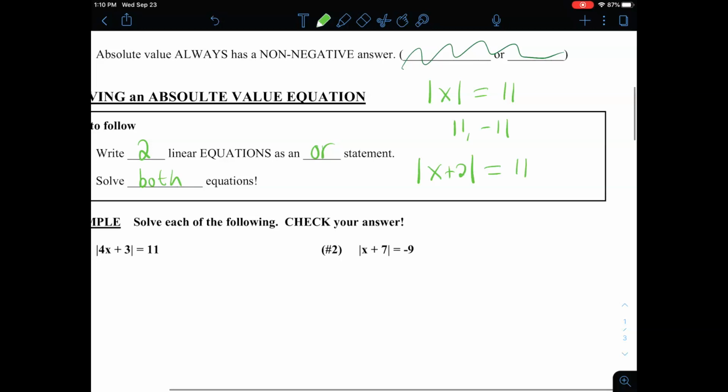What numbers can we plug in to get 11 away from 0? Well, x plus 2 would be 11 if we plug in 9 for x, since 9 plus 2 is 11. Or what else would that be? Negative 13, because negative 13 plus 2 equals negative 11, and the absolute value of negative 11 equals 11.